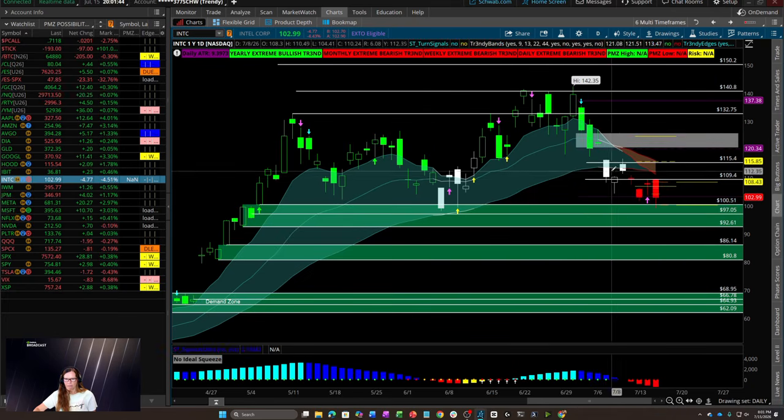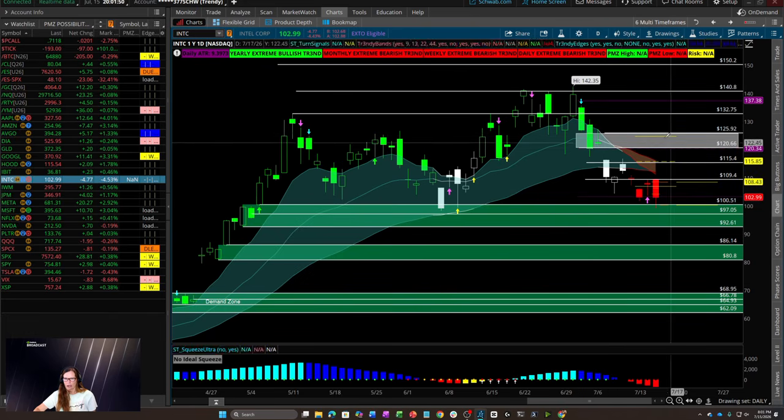So a trade on Intel for a swing trade would look like this. I would be a buyer here and trimming with a target here, and potentially looking to go short if price rallies back to here.